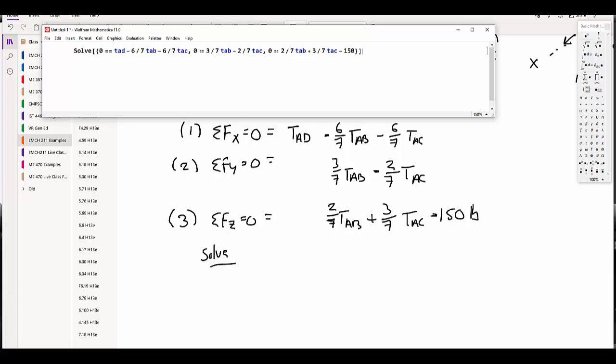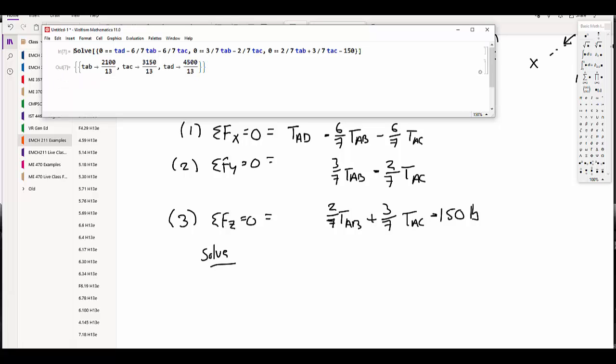All right, so I have the list of three equations. They're in those curly braces because it's a list of three equations. I'm using the double equals here because that's how I set an equation, an equality, not an assignment. All right, so this should work.